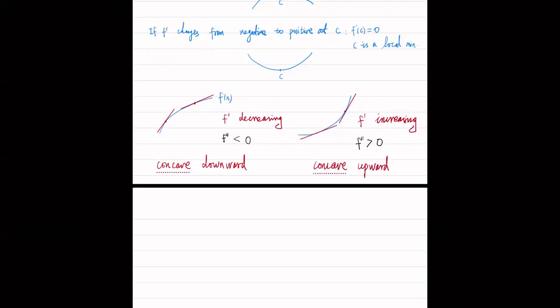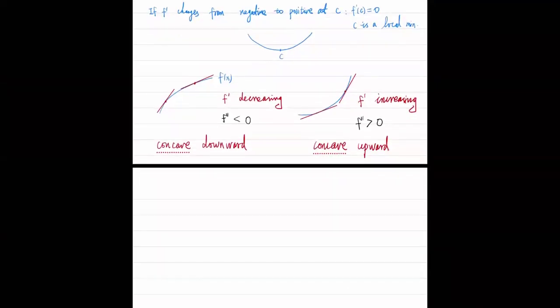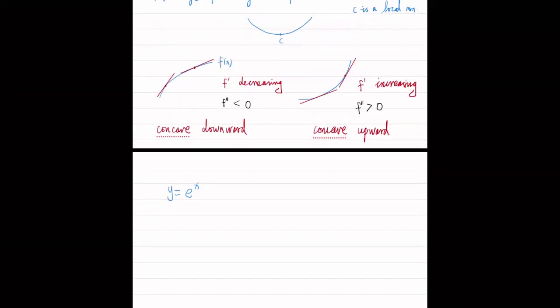Let's think about this function, y equals exponential x. Let's recall the graph of this function. If I graph it, it will be something like this.